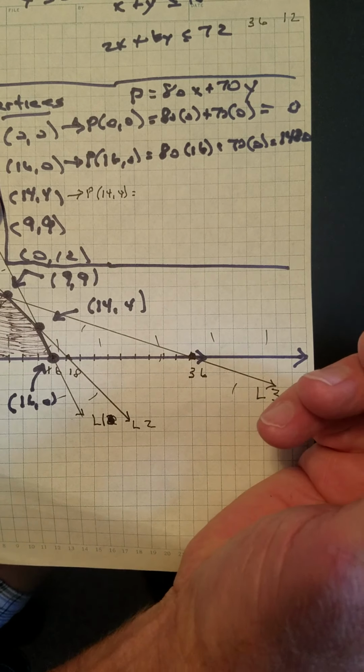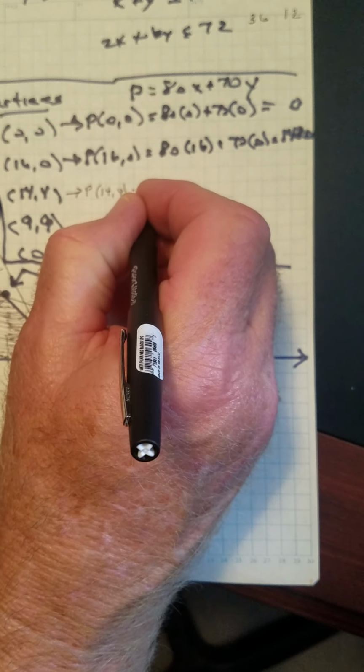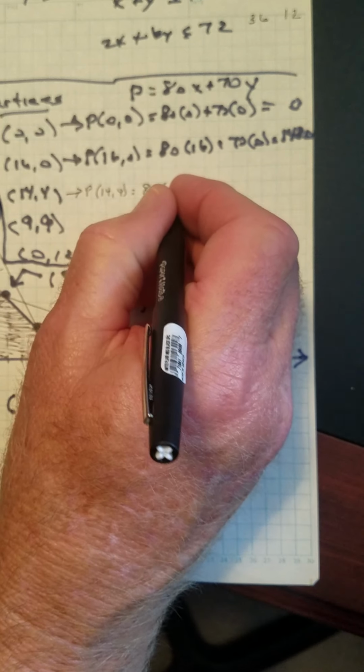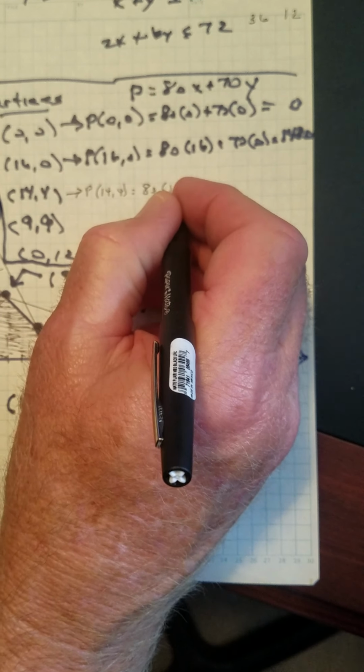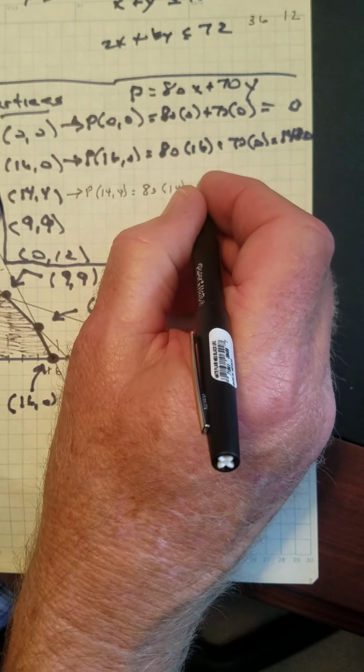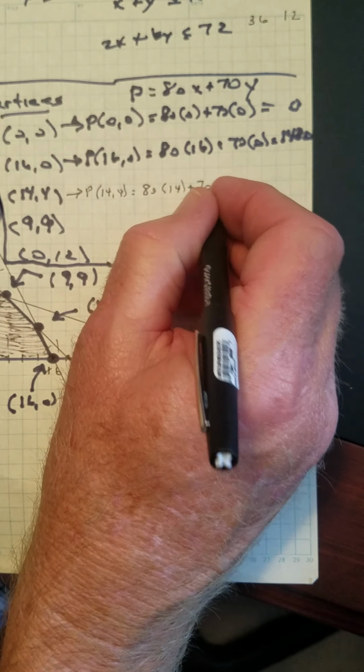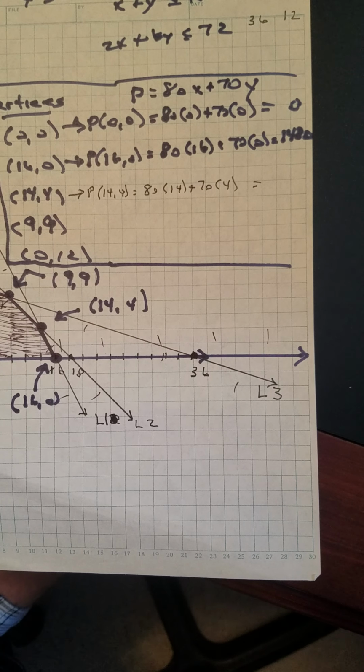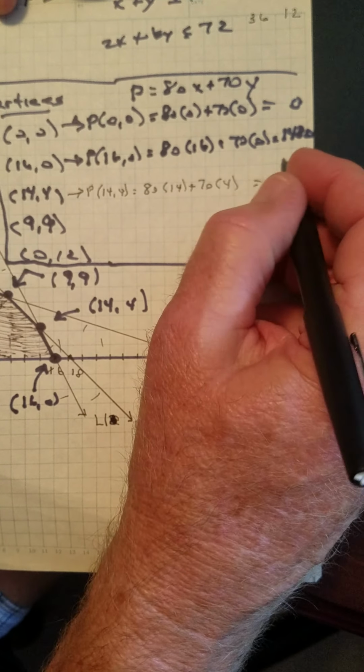Be easier for you to see. So that's 80 times 14 plus 70 times 4. Okay, and I'm going to get my calculator out here real quick. So 80 times 14 plus 70 times 4, and I got an answer of 1400.